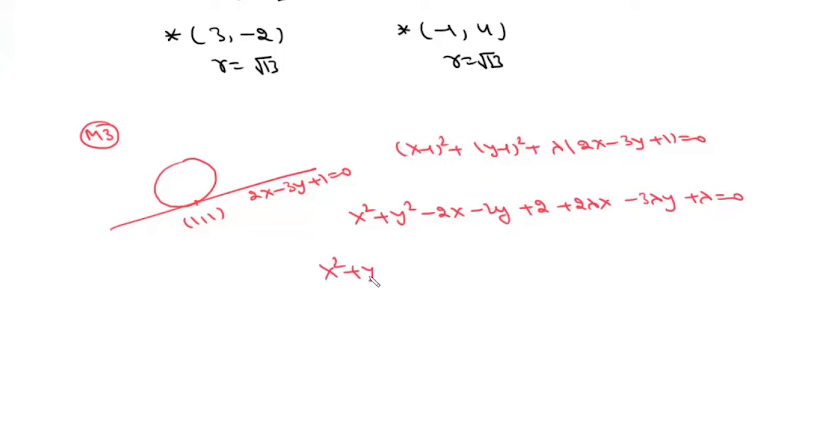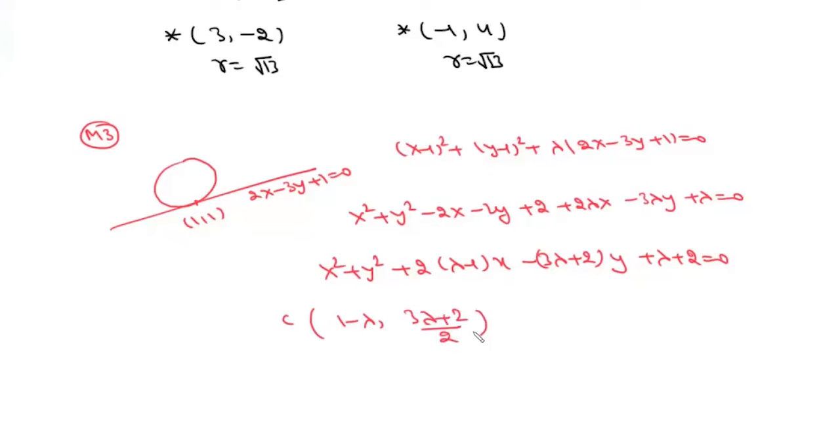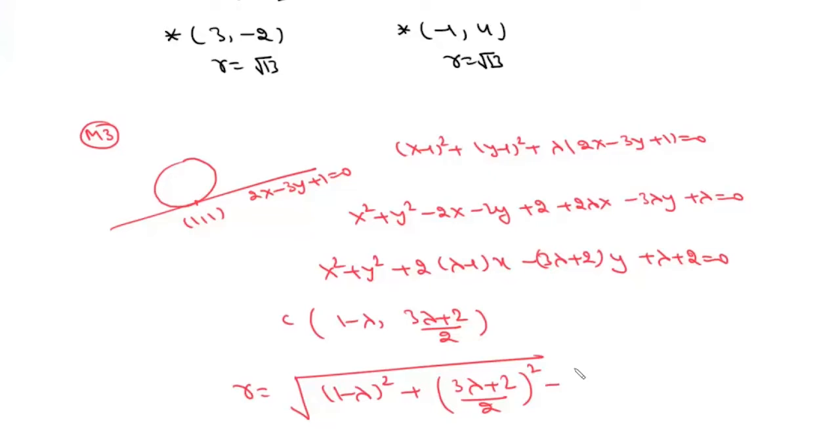So this equation will be x square plus y square plus (2 lambda minus 2) x minus (3 lambda plus 2) y plus (lambda plus 2) equals 0. Now the center of this circle will be at (1 minus lambda, (3 lambda plus 2) by 2), and its radius will be under root of (1 minus lambda) square plus ((3 lambda plus 2) upon 2) whole square minus c, and minus c is minus (lambda plus 2), and that will be equal to under root 13.